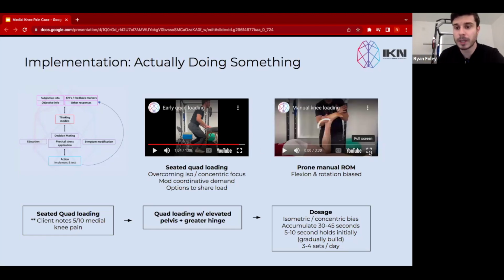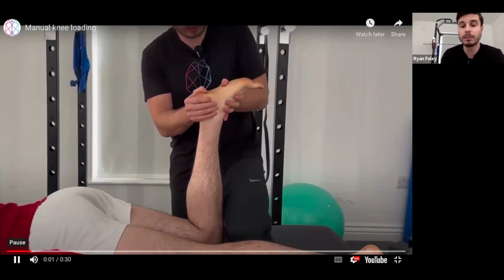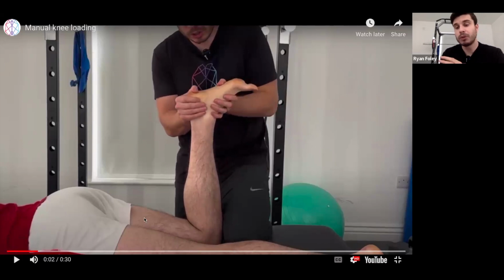To jump into this strategy here, again, this can be seen as a regression if, for example, they weren't able to tolerate any kind of active loading strategy via the quads in that seated position. Up first here, you're going to see more of a tibial rotation focus. Now, the client here is prone. I like the prone position because it reduces the coordinated demand of the drill, because you are not now trying to control the movement of the femur.